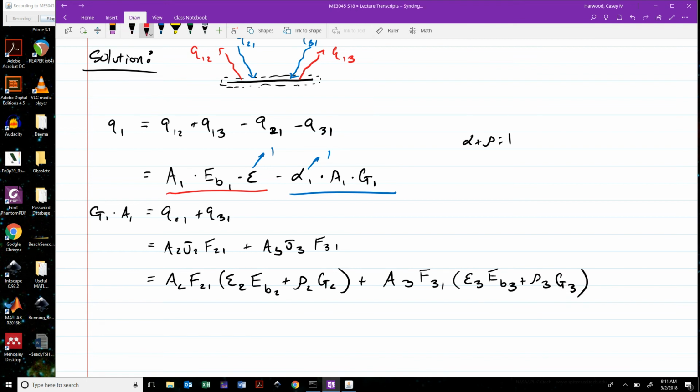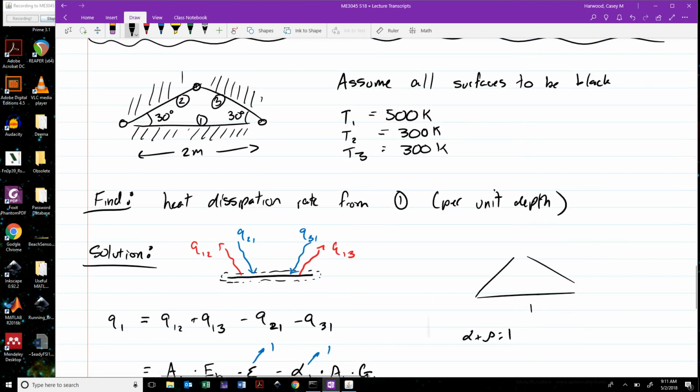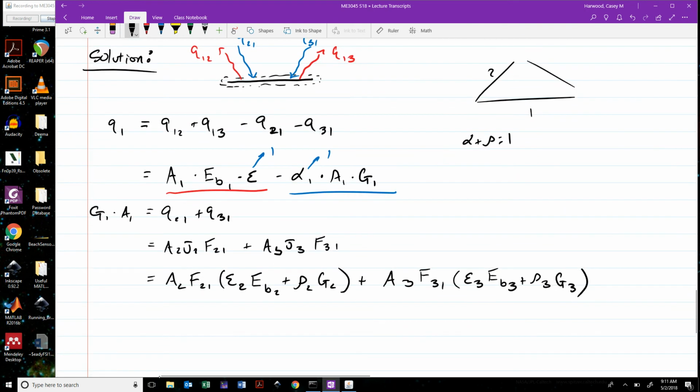Okay. So this counts up all the different radiation terms that are throwing thermal energy at 1 from surfaces 2 and 3. Let me go ahead and keep a little sketch going here. We've got 1, 2 and 3.